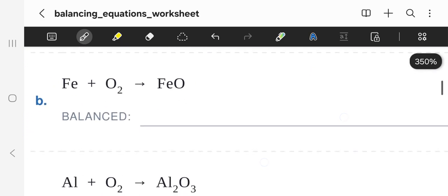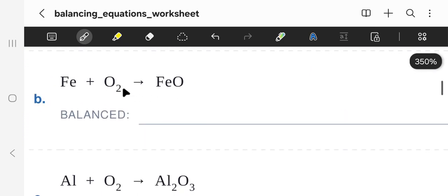Let's look at this one, B. With B, same thing. I look for the one with the most number of atoms. So say oxygen on the left. Oxygen has 2 atoms on the left, but it has 1 on the right, so I'm gonna put 2 here. Now I have 2 on the left, 2 on the right.